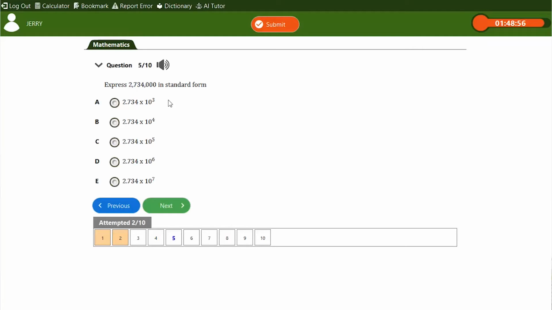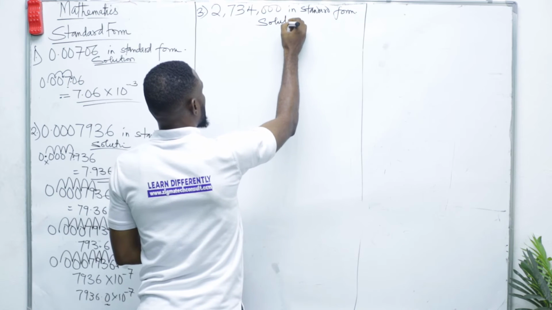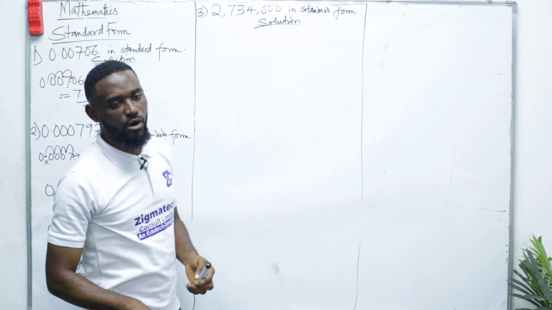Now let's look at the question. It says express 2,734,000 naira in standard form. Okay, 2,734,000 in standard form. So let's look at that form in scientific notation. All right.